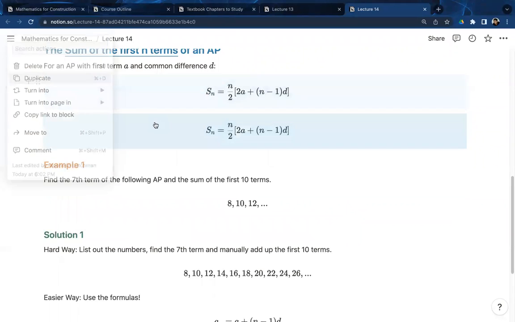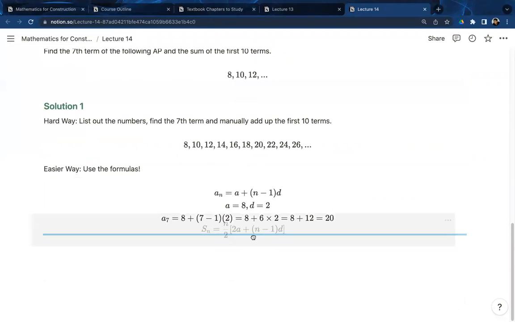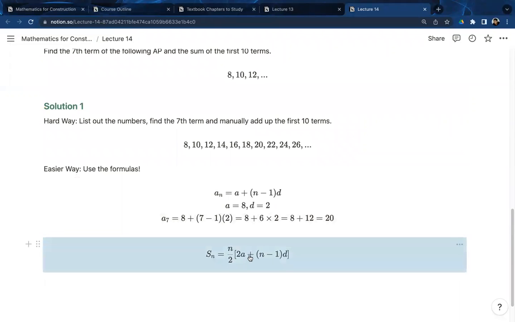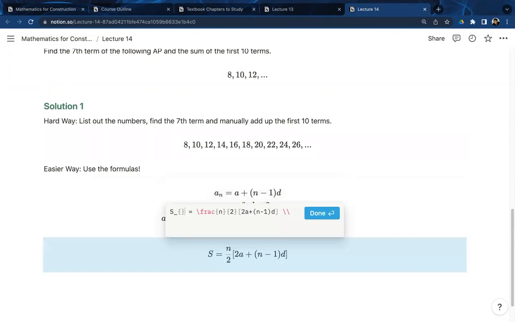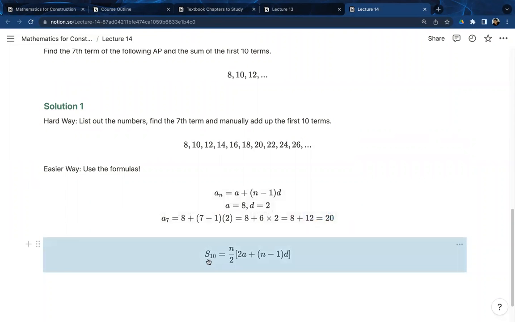So what do they want? Again, it's a straightforward application of this formula. They want S10. So let's substitute into the equation. S10, n is 10.